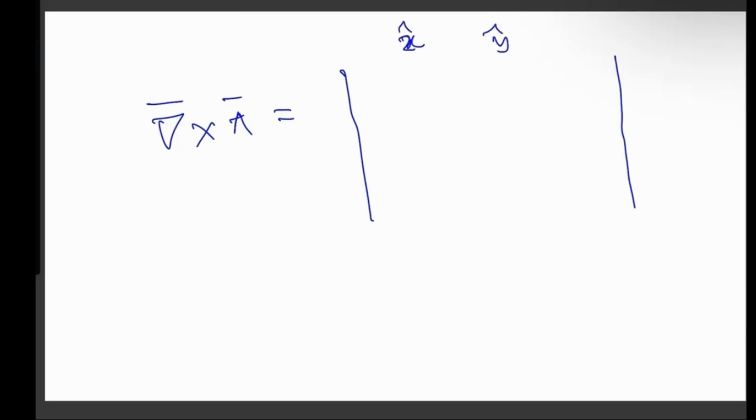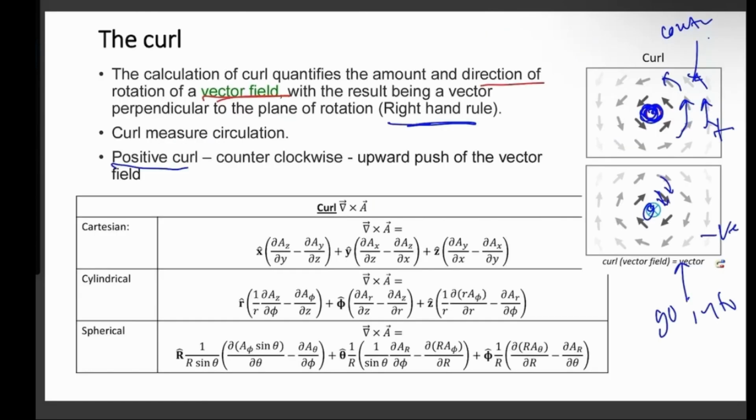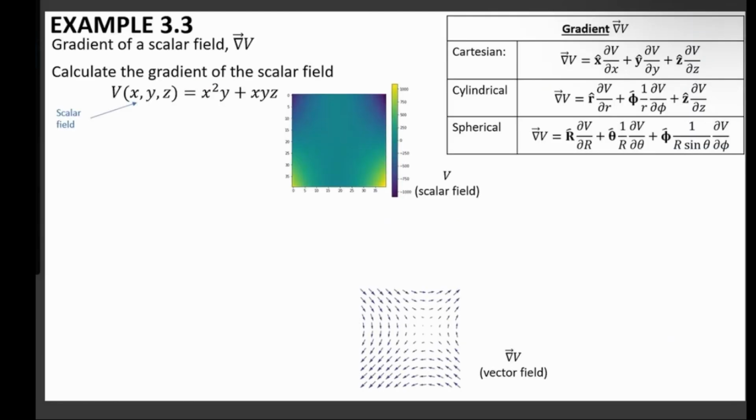For curl, we have to use a matrix with X, Y, and Z. So for example, calculate the gradient of a scalar field here. The given is a scalar, and the output will be a vector.